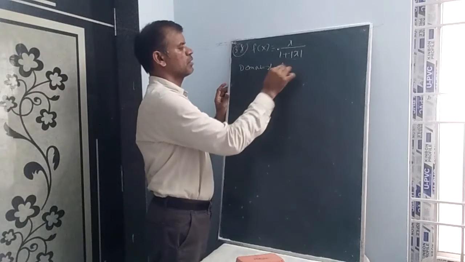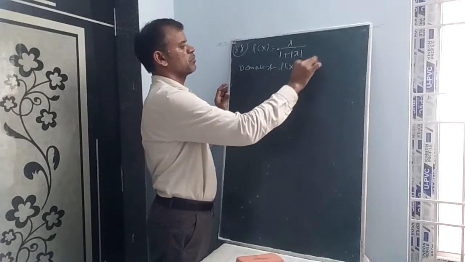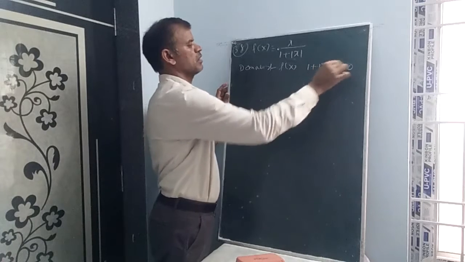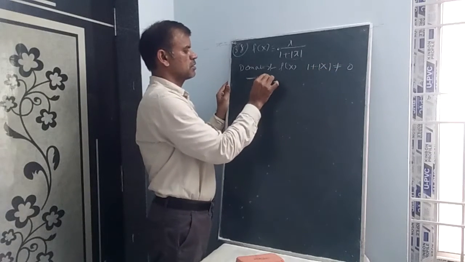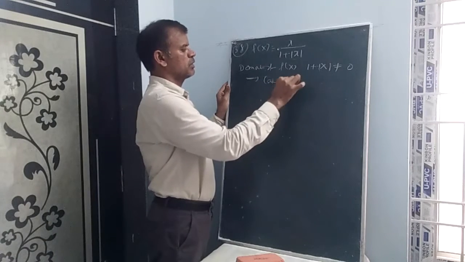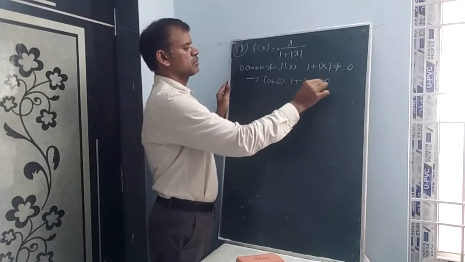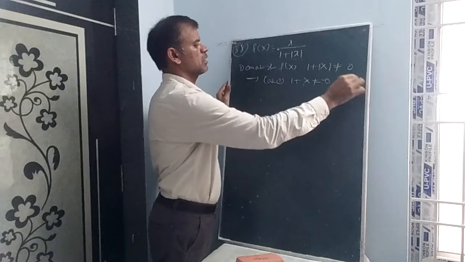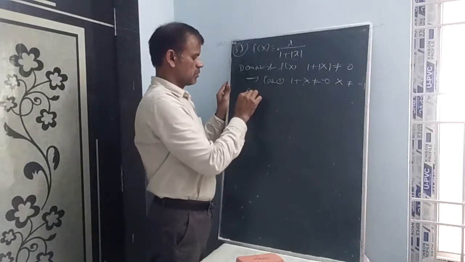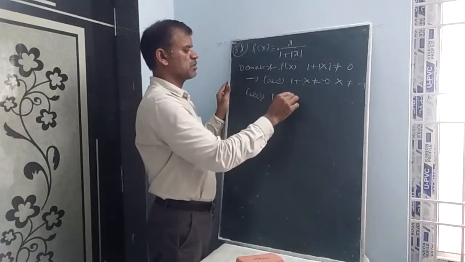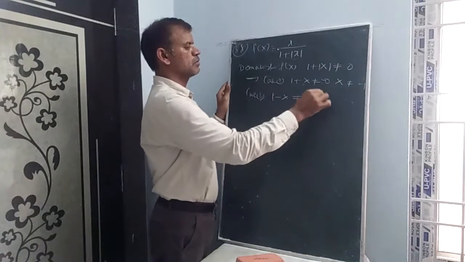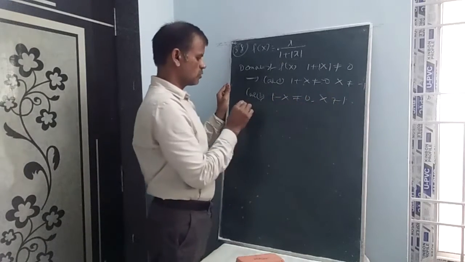Let us write the domain of f of x. So 1 plus modulus of x not equal to 0. That implies, case 1: 1 plus x not equal to 0, so x not equal to minus 1. Case 2, because modulus has 2 cases: 1 minus x not equal to 0, so x not equal to 1.